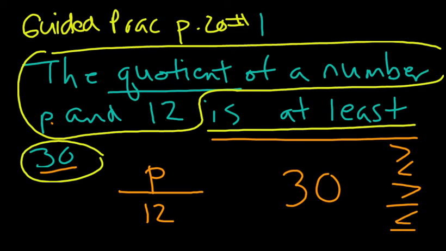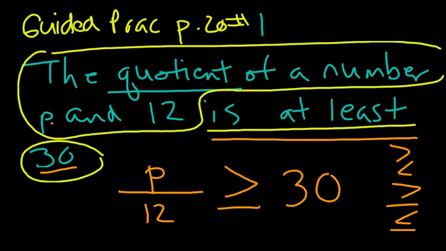It says the quotient of p and 12 is at least 30. Can it be bigger than 30? Yes. At the very smallest, it's at least 30. Can it be equal to 30? Yes. So that means it has to be bigger than or equal to 30.